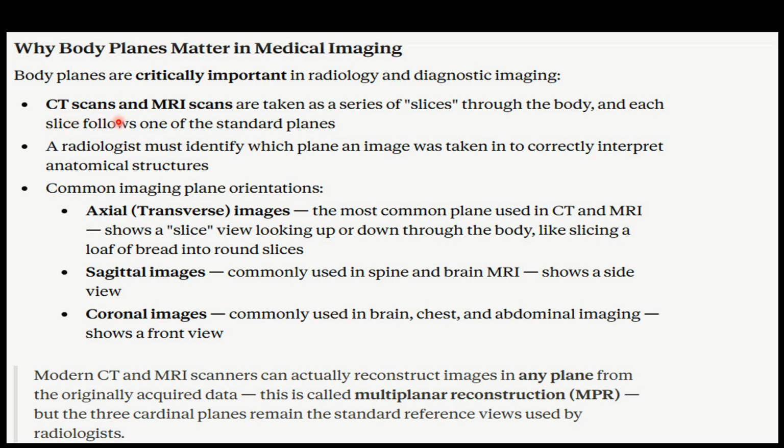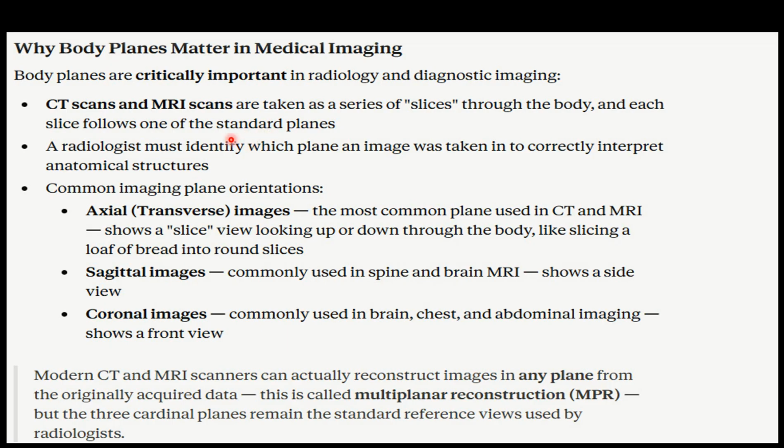First point says CT scans and MRI scans are taken as a series of slices through the body, and each slice follows one of the standard planes. So whenever a diagnostic team performs a CT scan or MRI scan, a series of multiple imaginary slices go through the body, and each slice follows one of the standard planes.